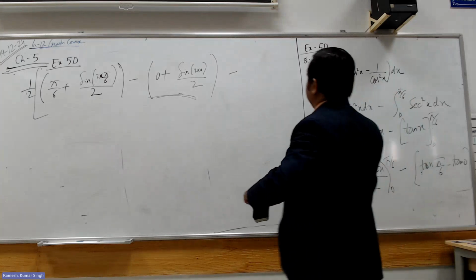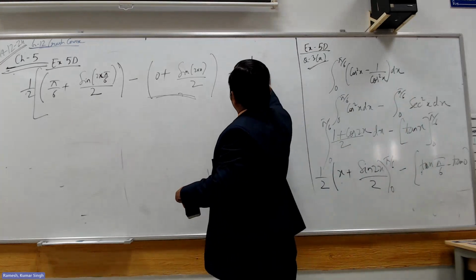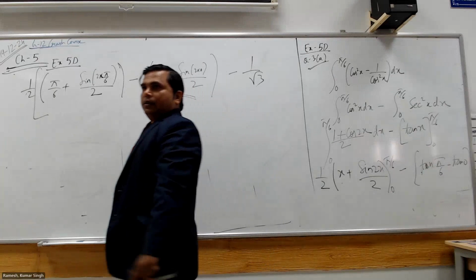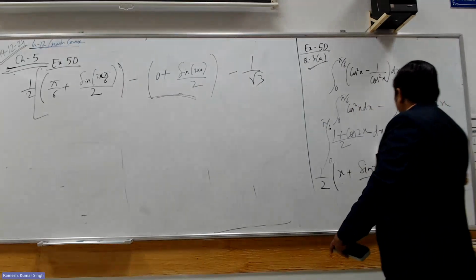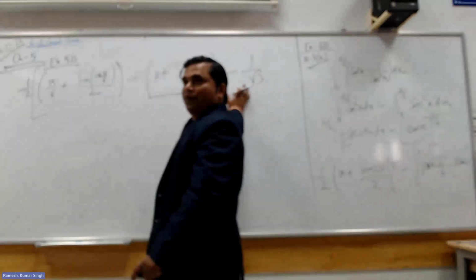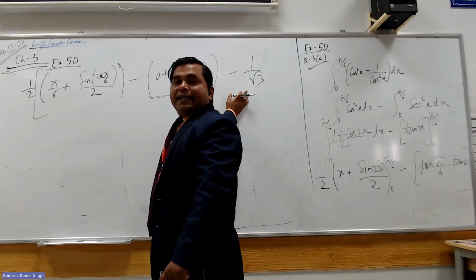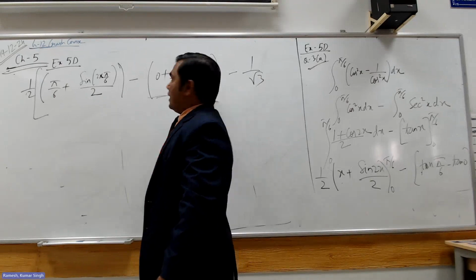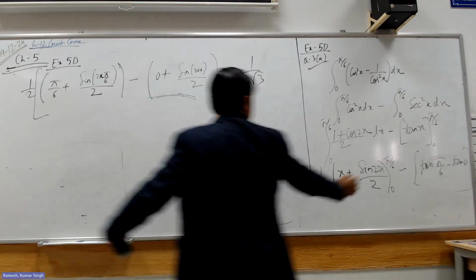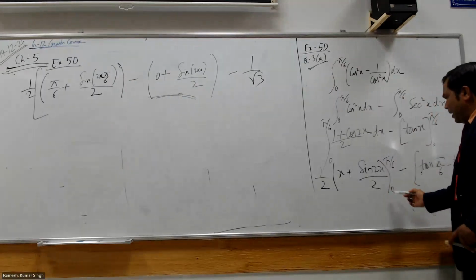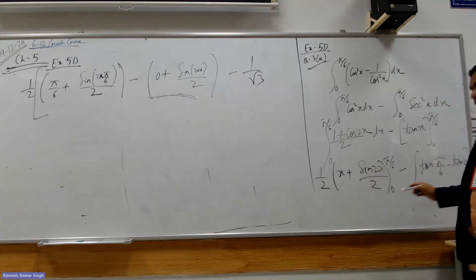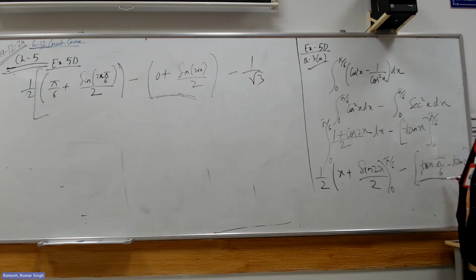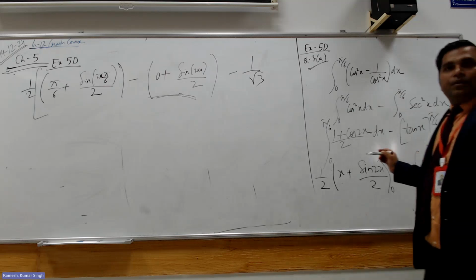Tan pi by 6 is 1 over root 3. Tan 0 is 0. So here you get minus 1 over root 3. Is that clear? Upper limit minus lower limit. So here I'm substituting pi by 6 minus the lower limit, substituting 0. Here tan pi by 6 is 1 over root 3, tan 0 is 0.